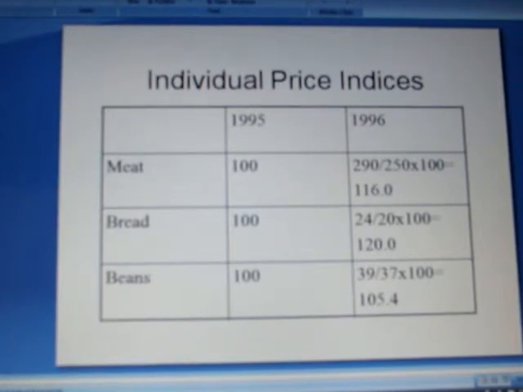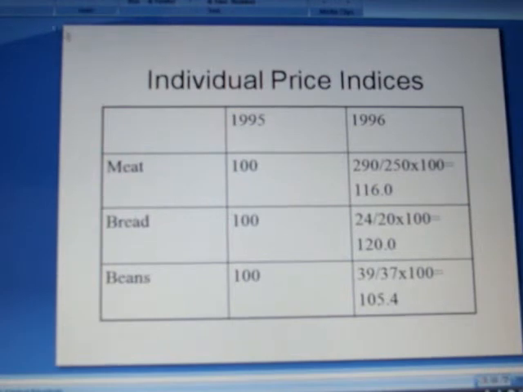If we just consider the prices, then perhaps we may say that we will find the total prices people pay in 1995 for meat, bread and beans, and the total price people pay for meat, bread and beans in 1996.